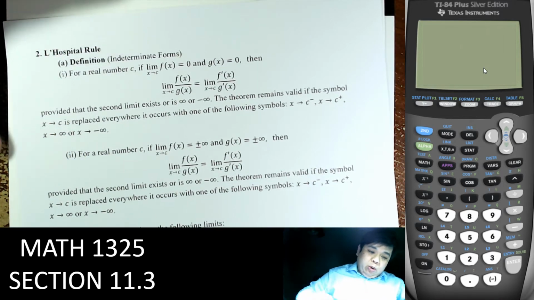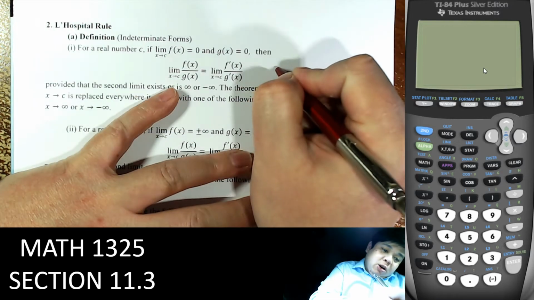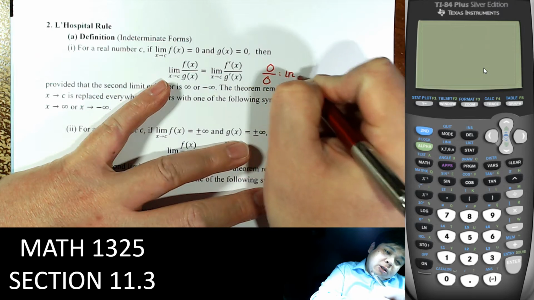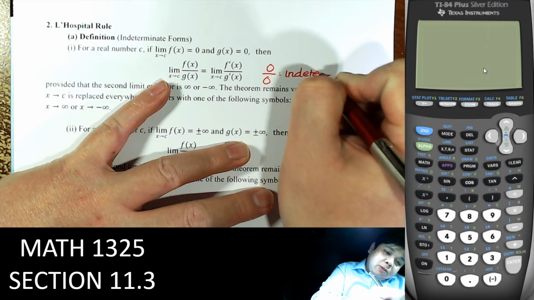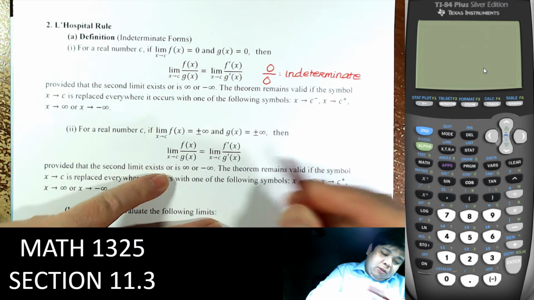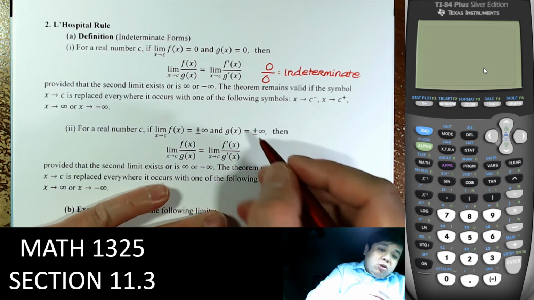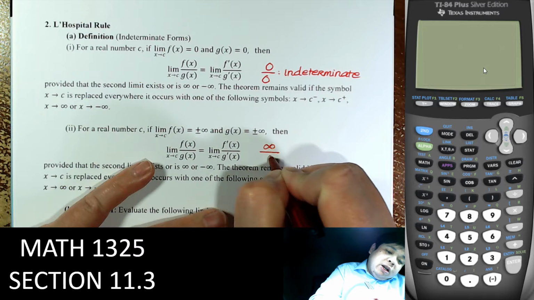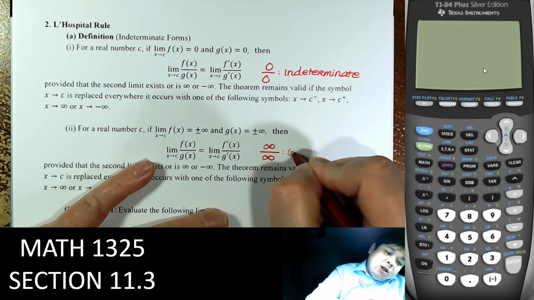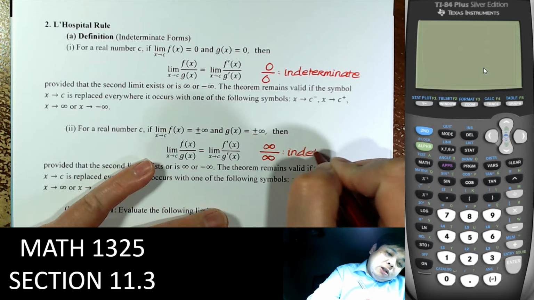So this we will have what we call the 0 over 0 indeterminate. And we could also have infinity over infinity. It could be positive, could be negative, but in general we just write like that. So that is also indeterminate.